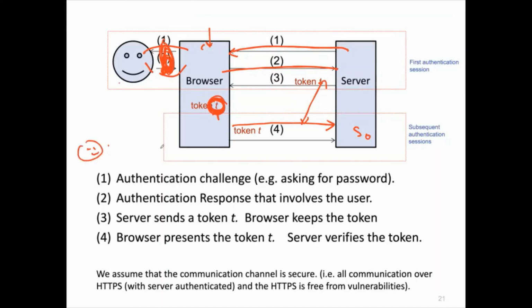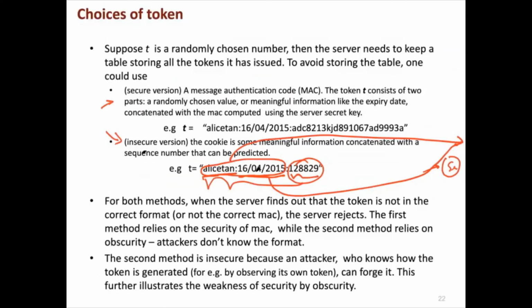The server might accept it, with presumably just a few exhaustive searches on some numbers. So this is an insecure version because the adversary can forge the token, send it to the server and gain access.